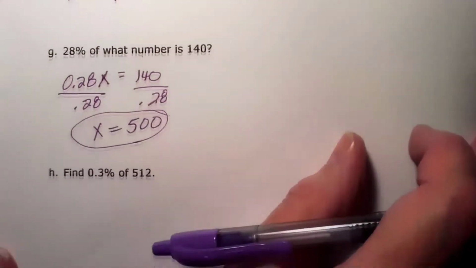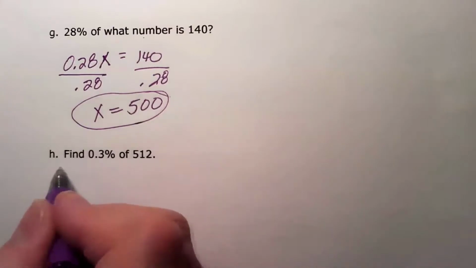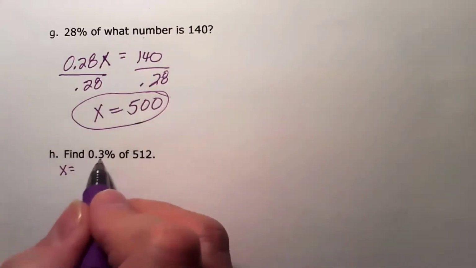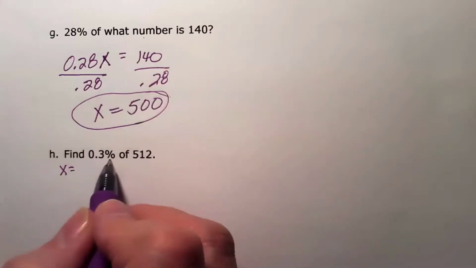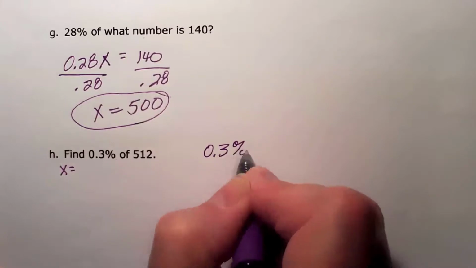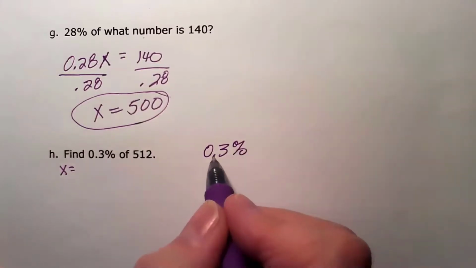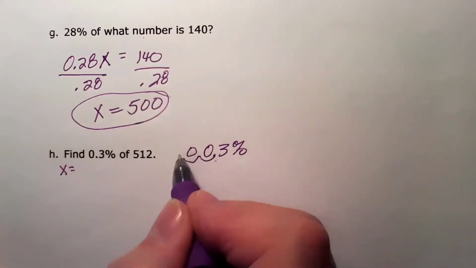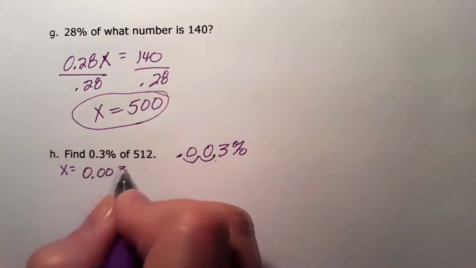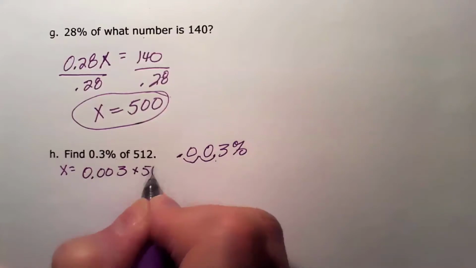And the last one here, find, so x equals, we're looking for this, find 0.3% of 512. So now here, be careful. When I put this into a decimal, if I have 0.3%, I'm going to divide by 100, which moves the decimal point 2 places to the left. So it's 0.003 of 512.